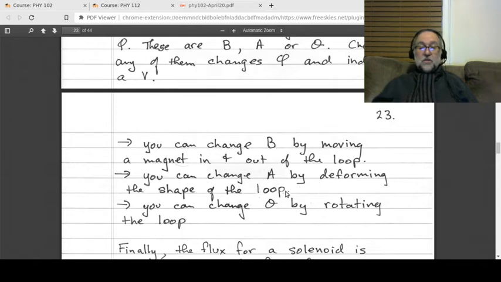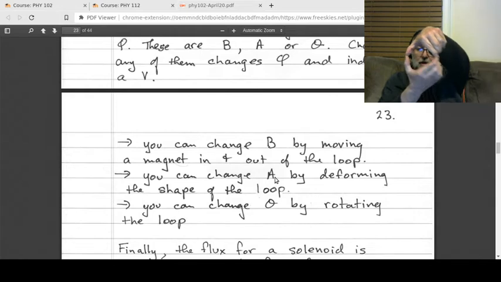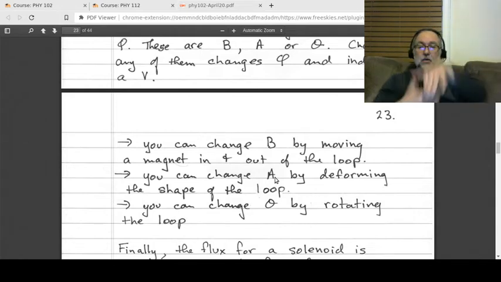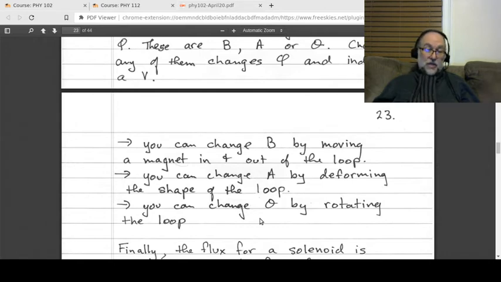Another way to change the flux is through A, which is the area of the loop. You could deform the loop, maybe squish it out, and by changing the area the loop makes, you could also be changing the flux. But the more typical way is to change theta, because by changing the orientation, you change theta from 0 to 90 degrees, and that changes the sine from 0 to 1.